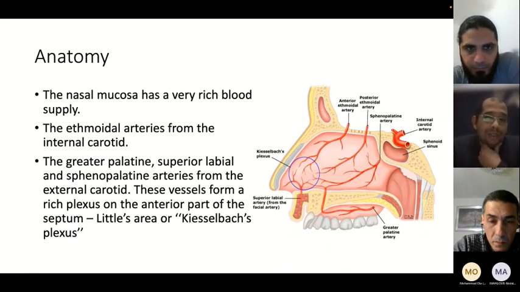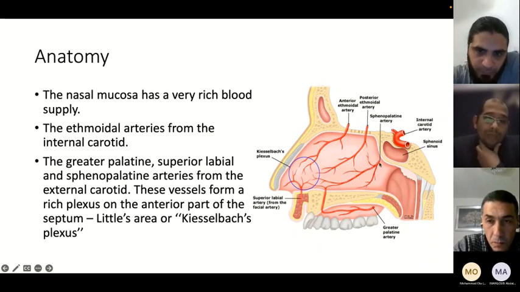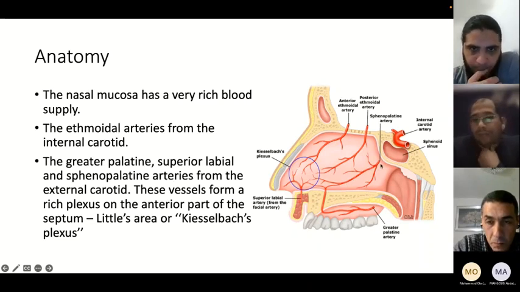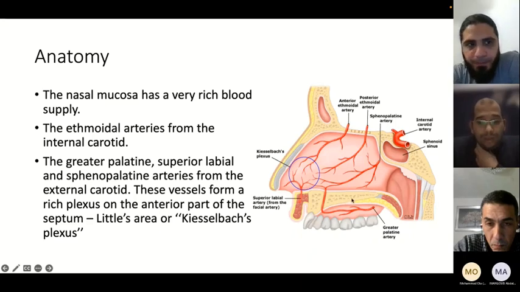The internal carotid supplies the nasal mucosa through the anterior ethmoidal artery and the posterior ethmoidal artery, while the external carotid artery supplies it through the sphenopalatine artery, which comes from the maxillary artery, and the greater palatine artery, which also comes from the maxillary artery, and the superior labial artery coming from the facial artery. All of these come from the external carotid artery.